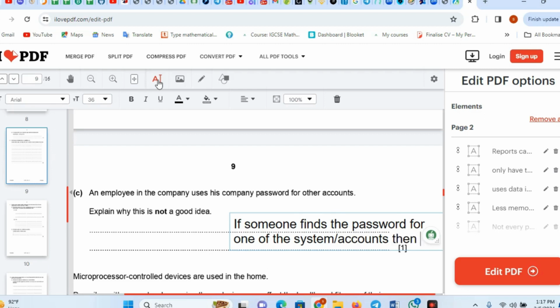Then other accounts or systems are compromised.